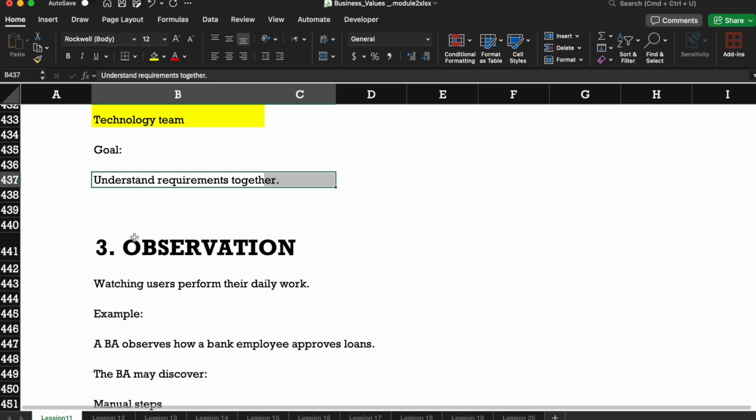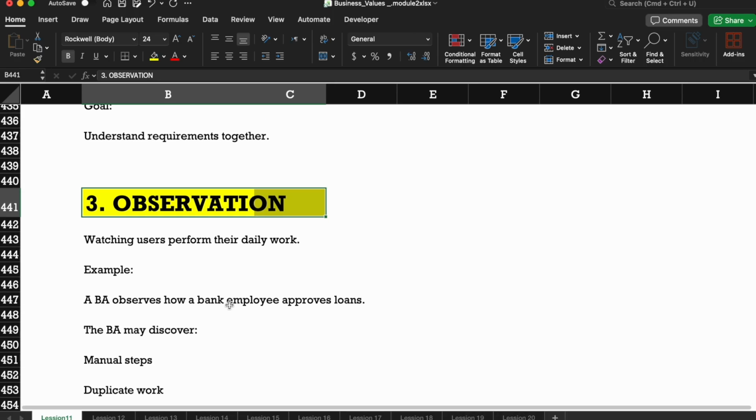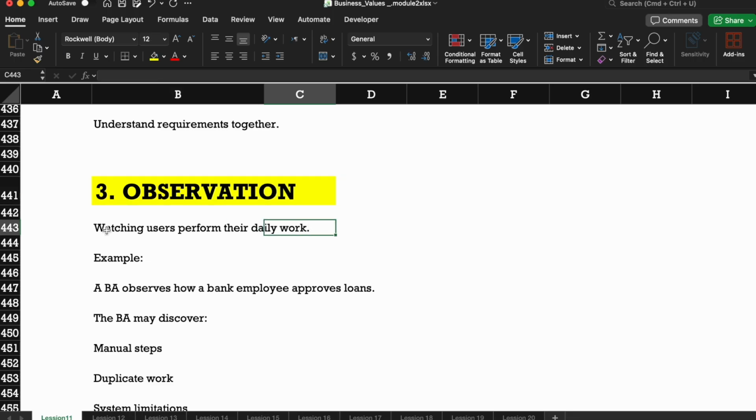Okay, so next one, number 3, observation. Observation is the best method I would use: watching users perform their daily work, right? If it's a new project or a manual-work project starting, this is the method I will use.